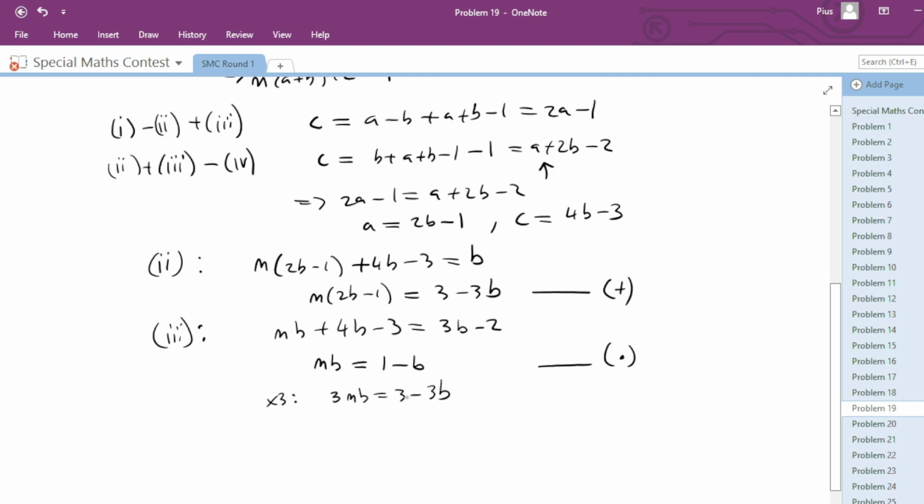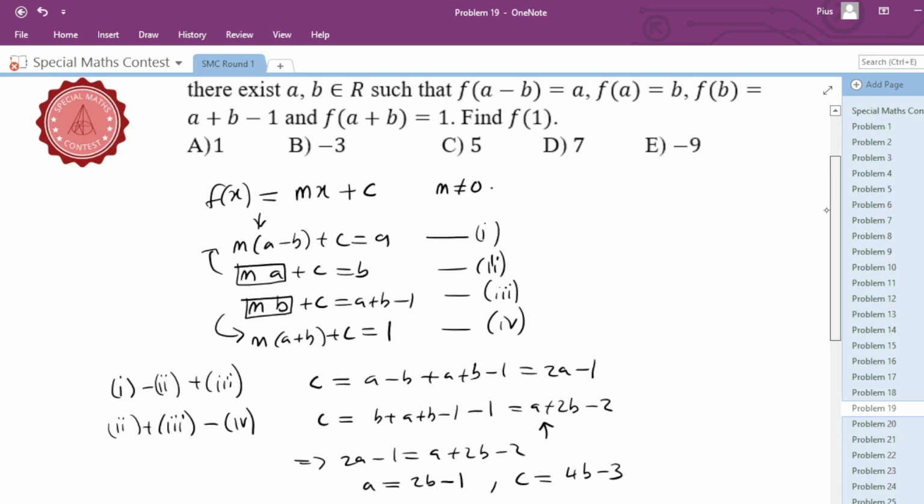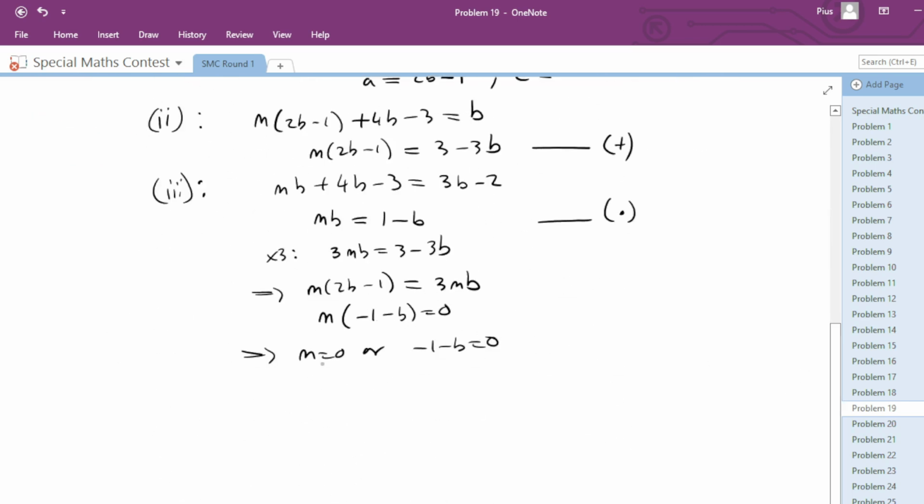This means that m times 2b minus 1 is equal to 3mb, and we can collect all terms on one side, factorize m out, and we just get m times minus 1 minus b equals 0. So either m is 0 or minus 1 minus b is 0. But we already had that m is not 0 since the function is not constant, so that is not possible. So we must have that b is actually minus 1.